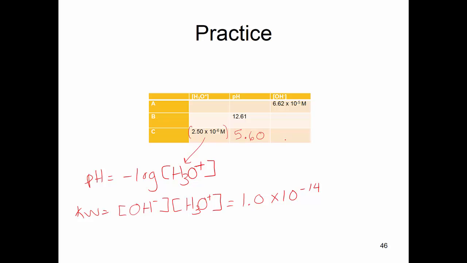The second place we have to fill in: if we are given hydronium concentration, we can always solve for hydroxide by using Kw. If we rearrange our equation, we get Kw divided by the hydronium concentration, which was 2.50 times 10 to the negative 6.